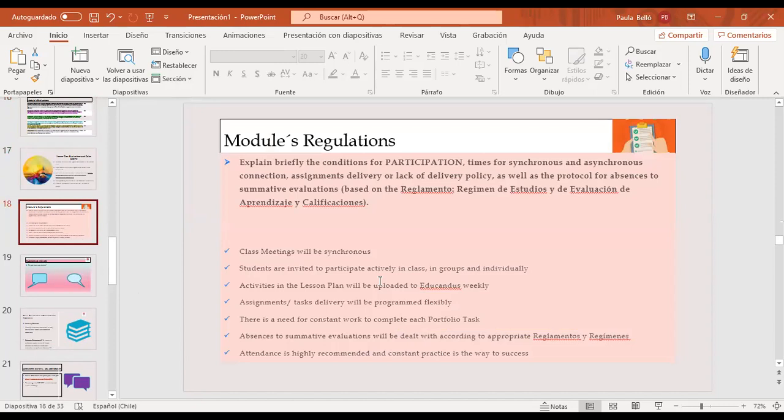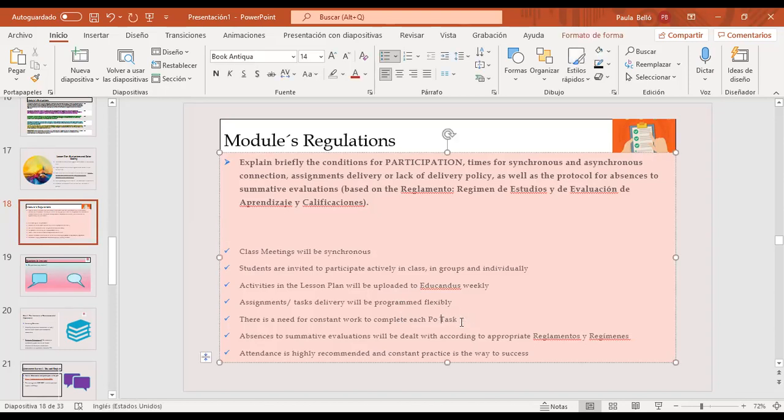Well, the regulations, we already have talked about your invitation to participate actively. Always upload your activities to Educandus. You have flexibility, we are always adapting. Of course, this is not static, but we need to work every week on each task. Sorry, this is not portfolio.